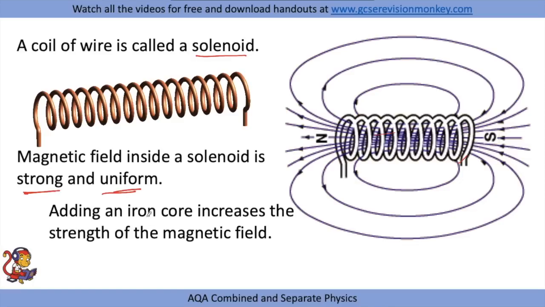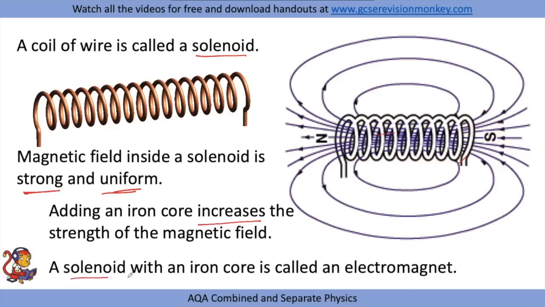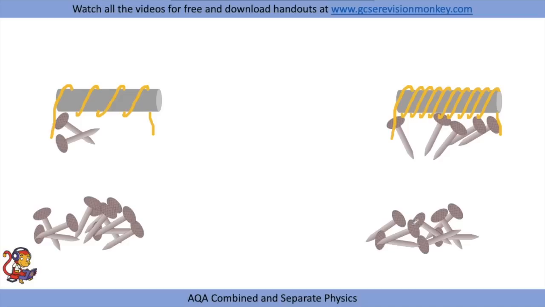If you add an iron core, you increase the strength of the magnetic field. So if you put a core inside there, a solenoid with an iron core is called an electromagnet.